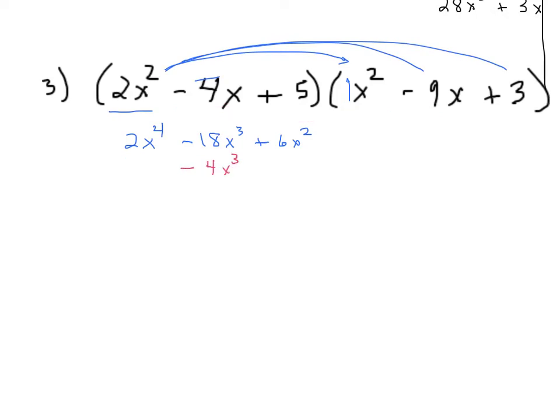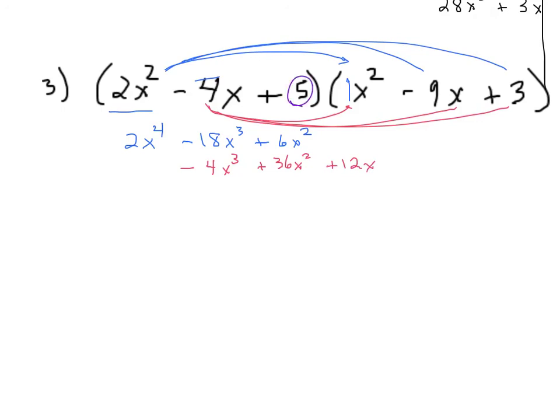You can see how the details get added in. It gets just a little bit more complex to keep track of, so you really have to pay attention. Now we have the negative 4x times the negative 9x, and because you have the negative and the negative, that's going to be the positive 36x squared. Last but not least, a negative 4x and a positive 3 is going to be negative 12x.